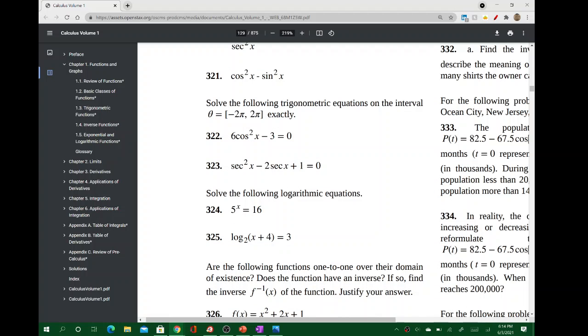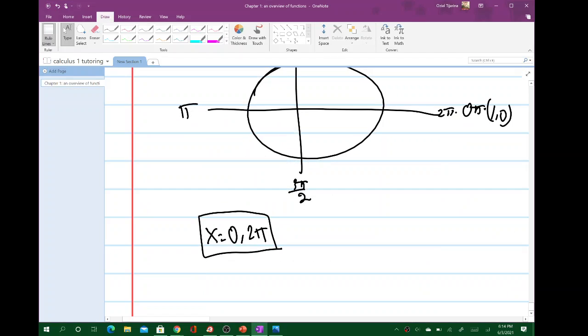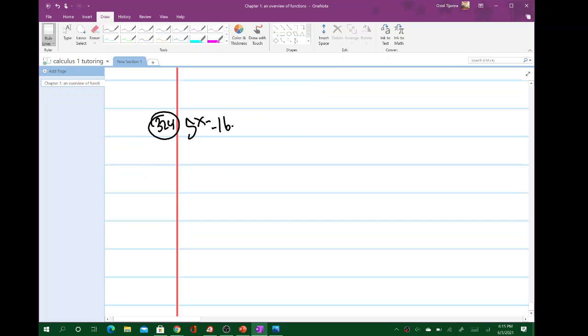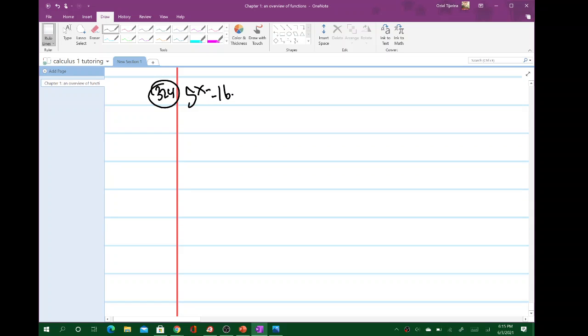Okay, so solve the following logarithmic equations. 324. So if we have 5 to the x equals 16. So again, how you're going to do this, you're going to go ahead and take the natural log of both sides. So basically it's going to be the natural log of 5 to the x equals the natural log of 16.